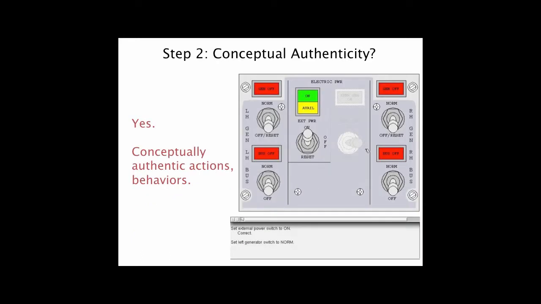Okay, step 2 is to determine if we can achieve conceptual authenticity. In other words, can we replicate the conditions necessary to actually perform the task on the job? And the answer to that is yes, we do need conceptual authenticity. We have to be able to flip the right switch at the right location, as if it were actually in the cockpit.